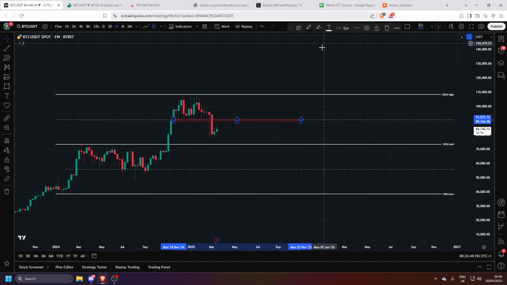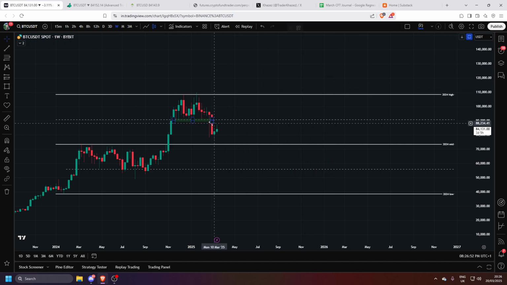So from this perspective, let's put the green box here. Price bounced off the quarterly mid range for about, let's see how many bars that is, like 13 weeks, which, I mean, we did catch a lot of trades around this area in this little range that you have here.